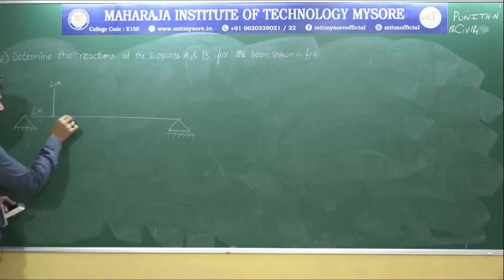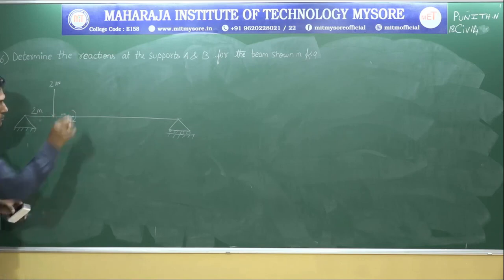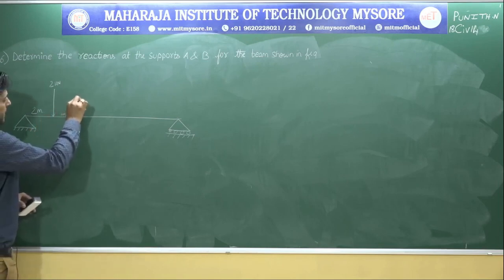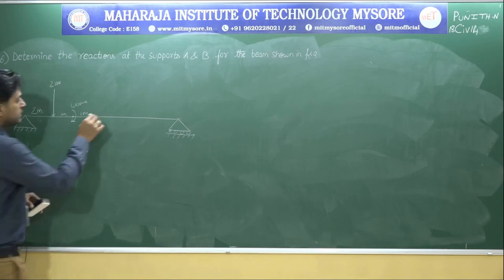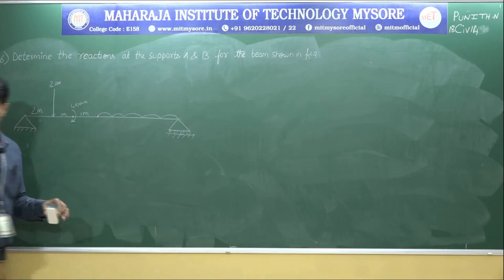After 1 meter span, they have given a pure clockwise moment, that is 4 kilonewton meter. Next, after 1 meter, they are having a UDL.